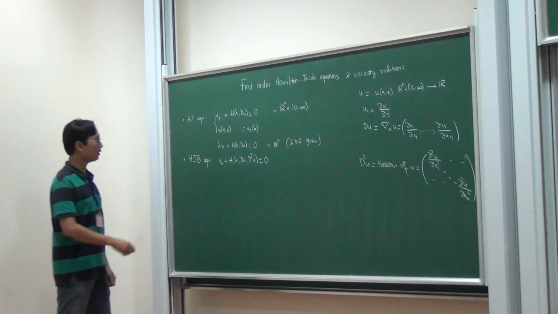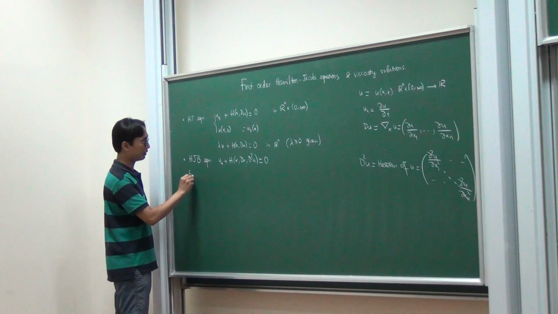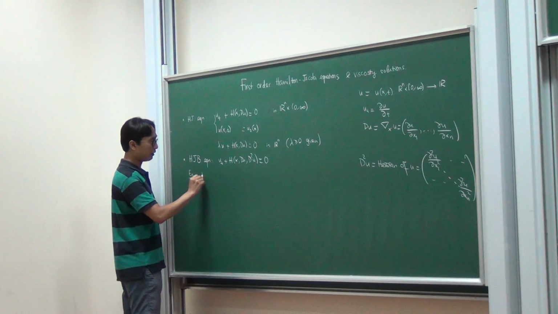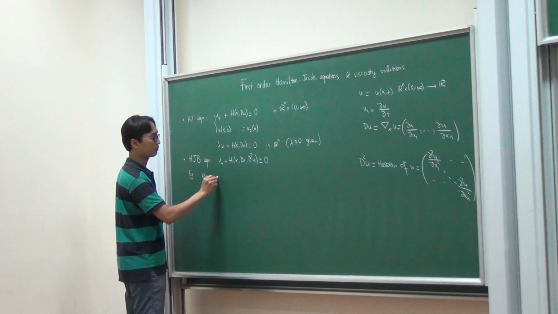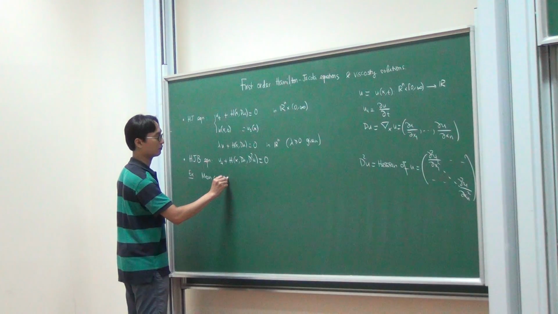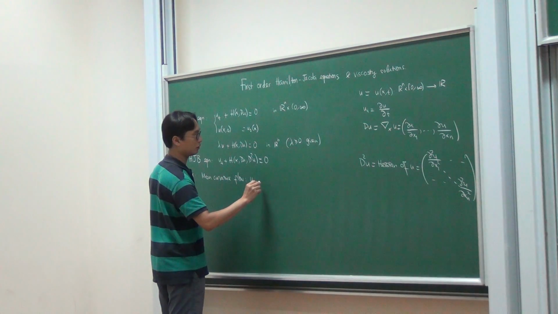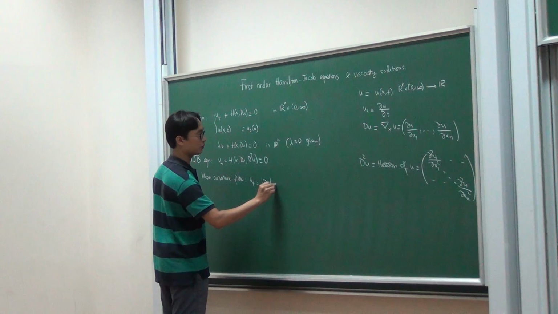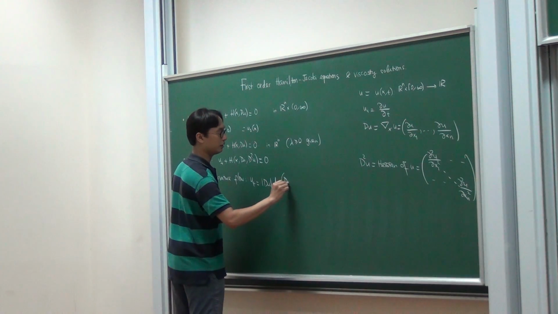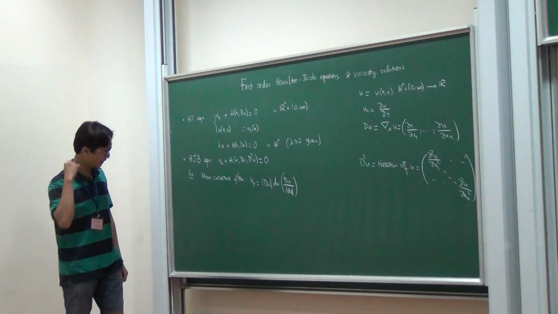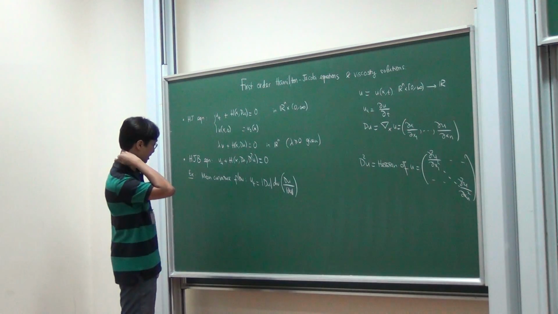And some more examples that I might go through: for example, we can see the mean curvature flow, something like u_t equal to the gradient squared times the divergence of Du over |Du|. I'm not explaining this now, I'm just listing it.